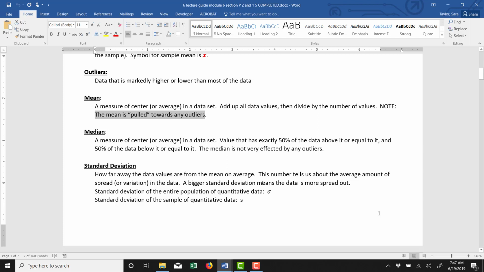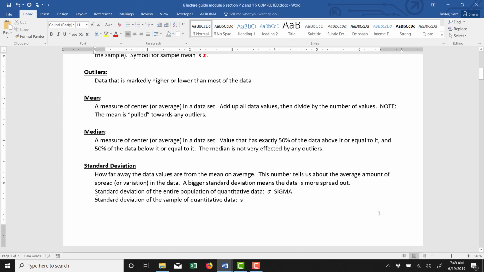Standard deviation, we've talked about that in terms of the null distribution. When you click the summary stats button, it has told you the standard deviation of the null distribution. But we're now going to get in a bit more detail about standard deviation. If you had all the quantitative data from an entire population, the standard deviation for the entire population has the symbol sigma.